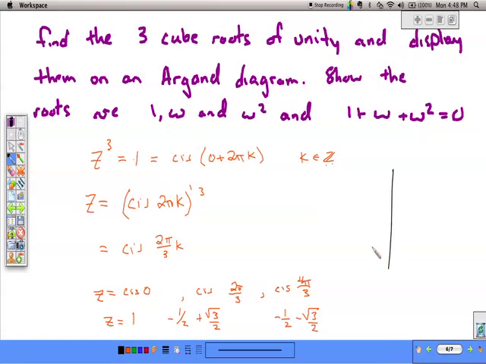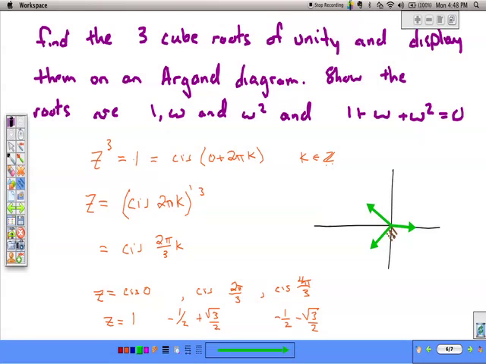On an Argand diagram, what we're looking at is z equals 1, that would be there, negative 1/2, square root of 3 over 2, and negative 1/2, negative root 3 over 2, something like this.